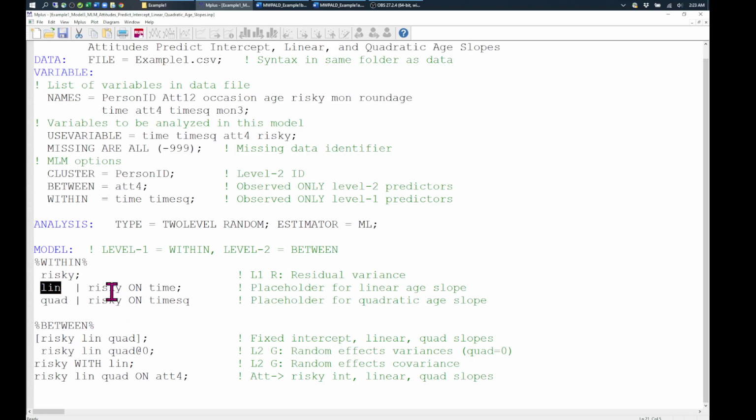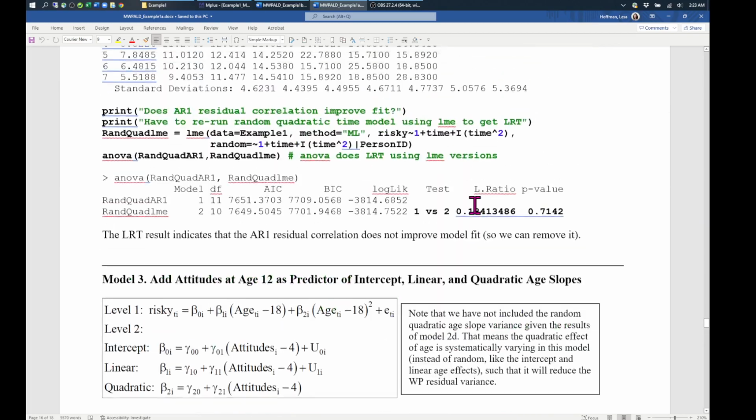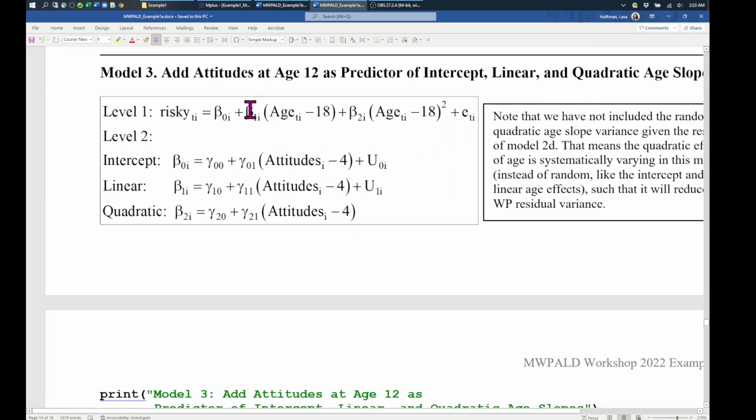So nothing is being estimated directly. I am setting up the idea that I am going to have this latent variable that operates at level 2. This is just a placeholder for that, in the same way that when we look at the equation for this model, let me pull that up. Basically what I'm doing is creating beta 1 as an idea.